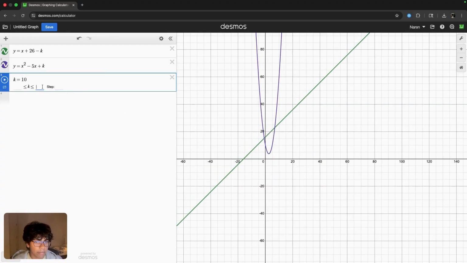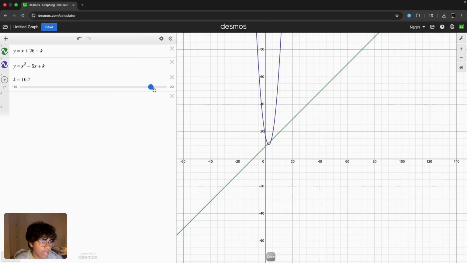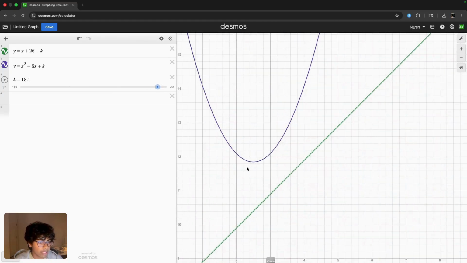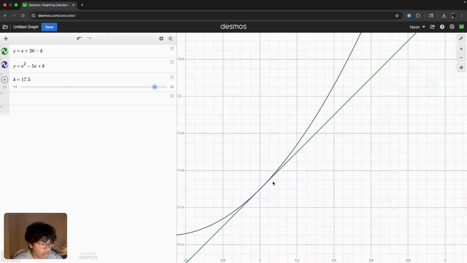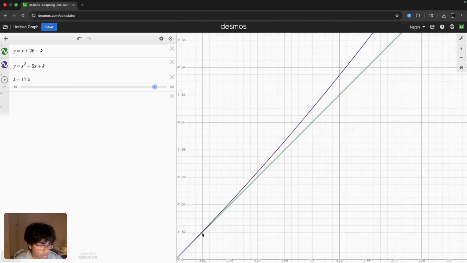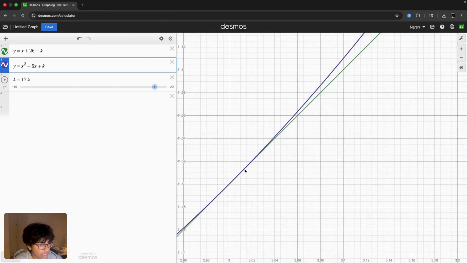It needs to keep getting bigger. Let's say 20. Keep zooming out, and we just passed, right? We want this to be intersecting at about one point, so we're going to start bringing it down. 17.5. Let's zoom in. Wrong spot. Let's see if we see anywhere they combine.